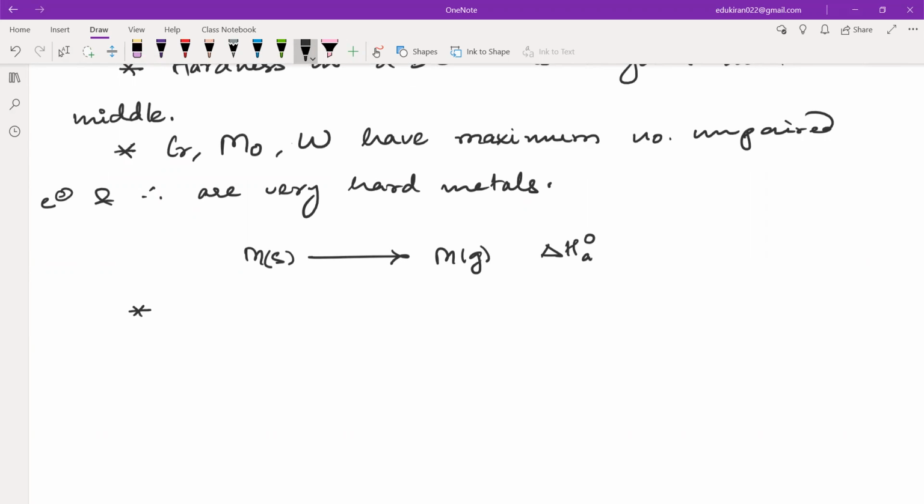So you can write that delta H naught A is directly proportional to the metallic bond strength, and this is directly proportional to the number of unpaired electrons.